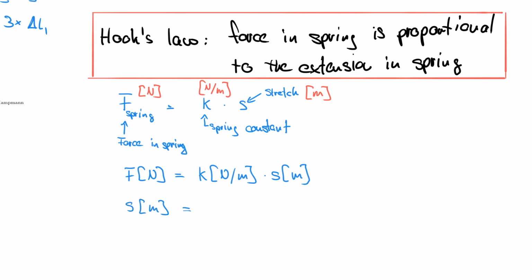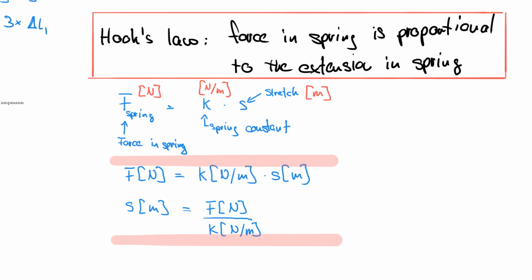And that, of course, is just rearranging of this formula: the force in Newton divided by K, the spring constant in Newton per meter. So that, once again, is an important formula. So let's highlight it. This is what you need to memorize to solve the upcoming problems and therefore the problems on your homework and, of course, quizzes and exams.